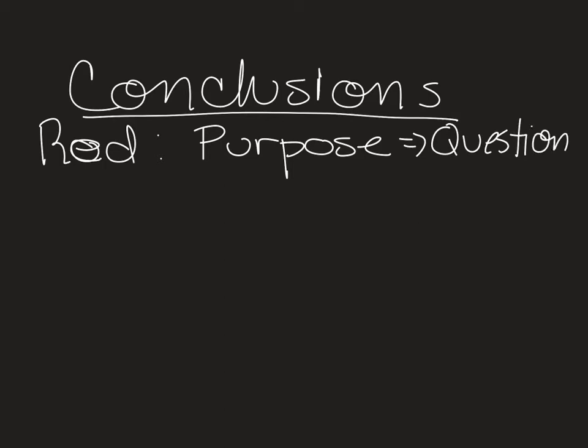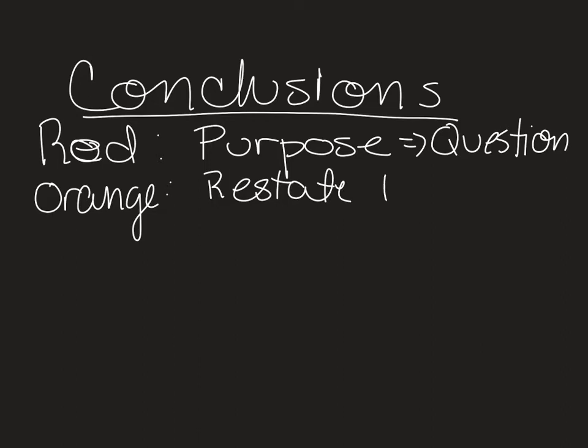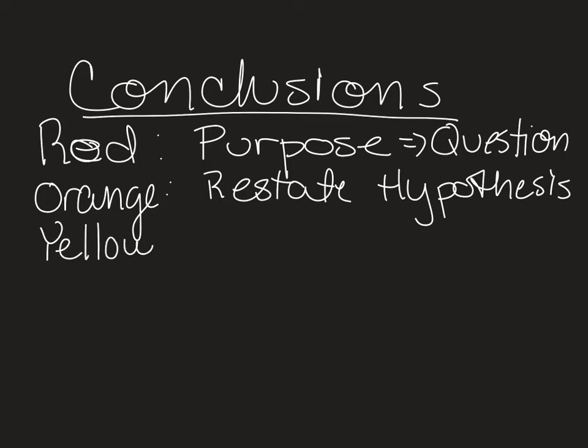You have your orange, where you are restating what your hypothesis was, right? Your if, then, and because. Okay? And remember that because piece comes from your background. You have your yellow. And remember your yellow, this is where you are talking about the data that you collected.